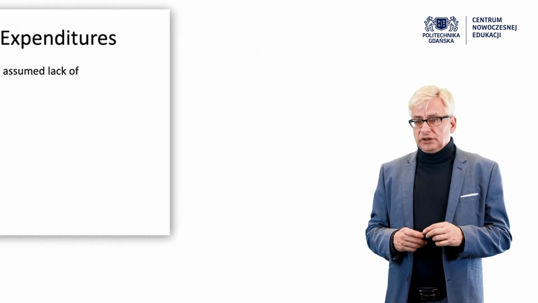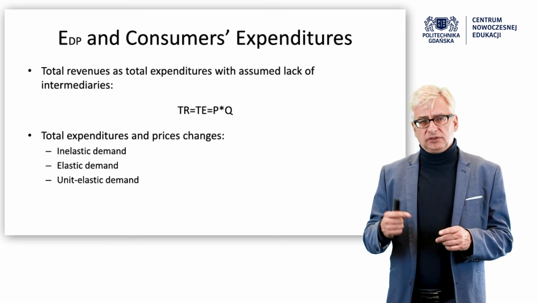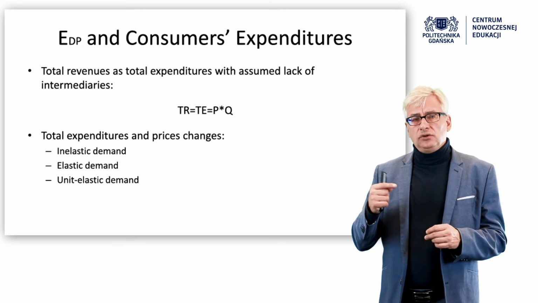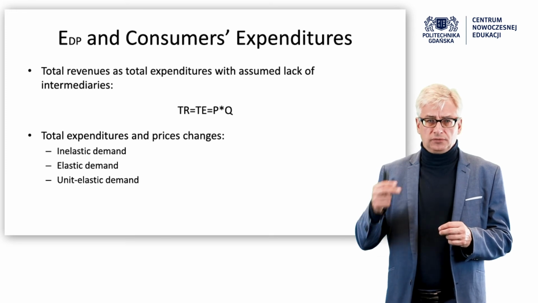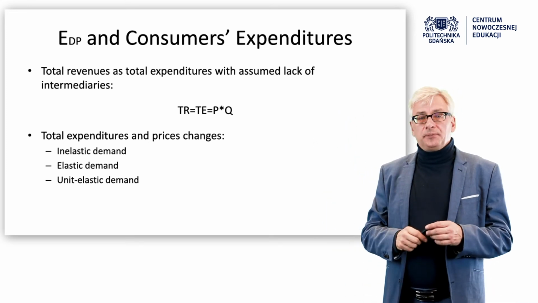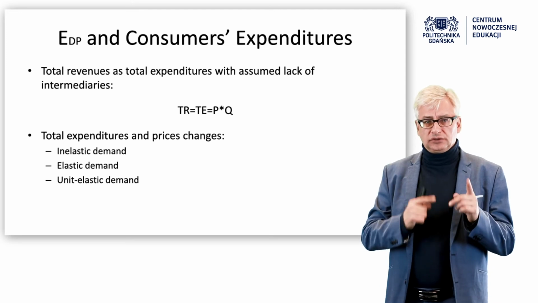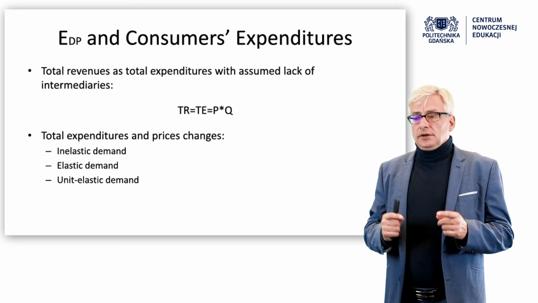Why is it important? It is important because there is a relation between price elasticity of demand and consumers' expenditures and total revenue of businesses, as you can see in the slide here. So, first of all, let's consider total revenues and total expenditures of customers.